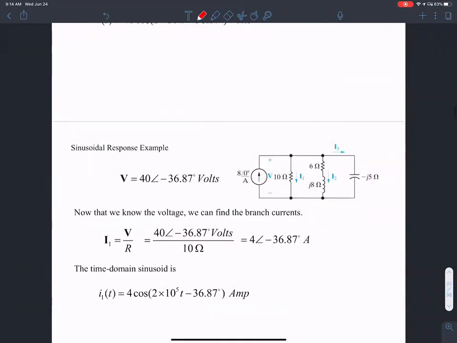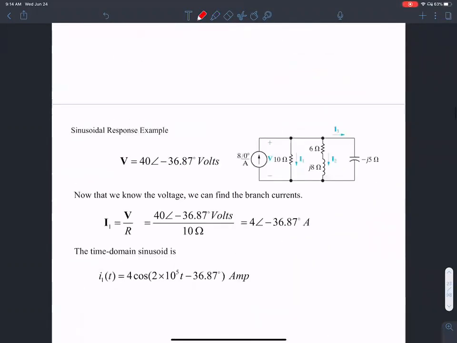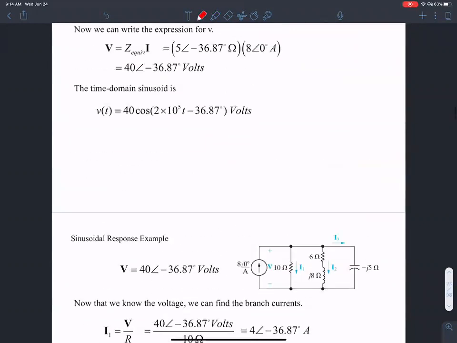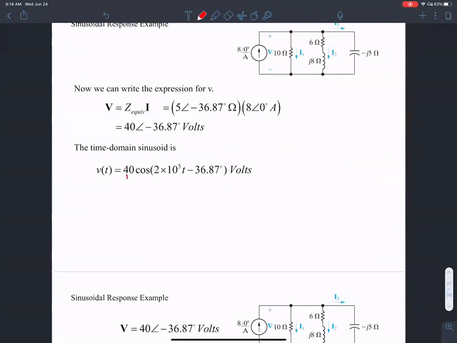Then what we did was eventually arrive at a result that has some amplitude and phase for the output voltage.